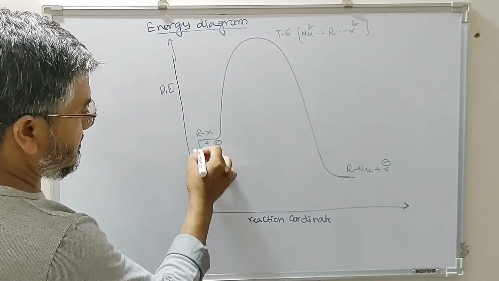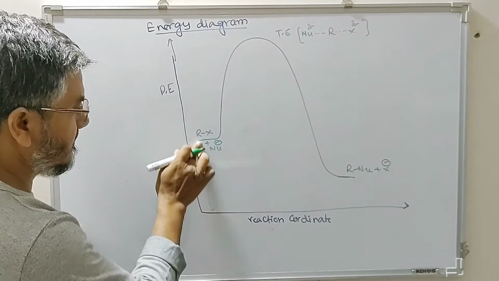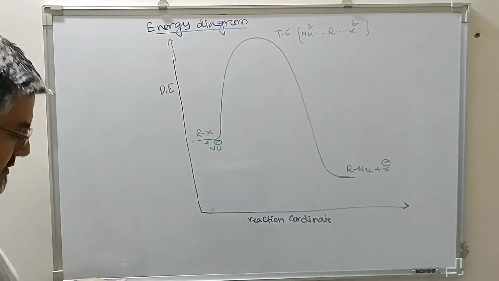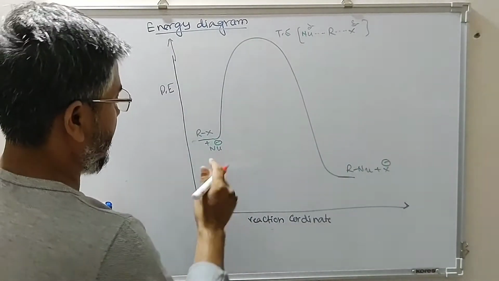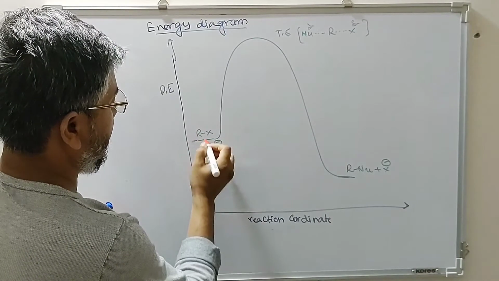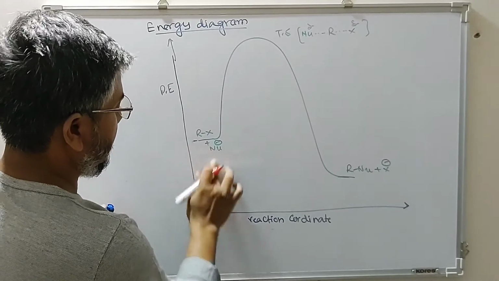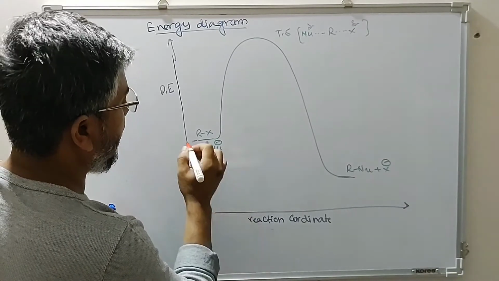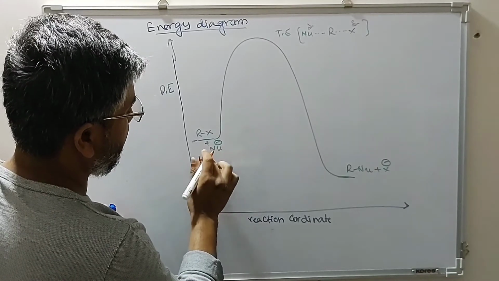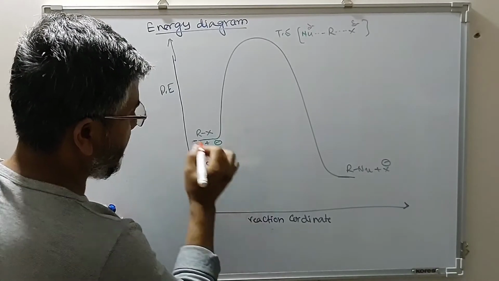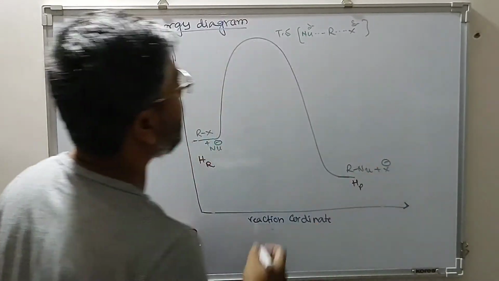This distance, let's define this distance: this is the enthalpy of the reactant. Let this be the reactant. This is the enthalpy of the product.